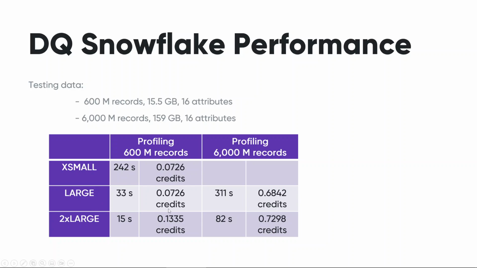The warehouses are named, if you are not familiar with it, based on the size from extra small up to, I believe, six extra large. So on the large, on the L, it is taking half a minute. If we would like run 10 times bigger table, it's taking 10 times longer.